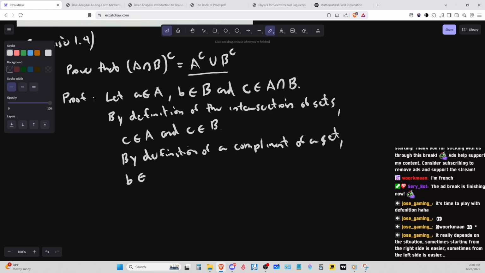B is an element of the complement of A, and A is an element of the complement of B. It really depends on the situation. Sometimes starting from the right hand side is easier, sometimes the left side is easier. Oh, okay. Because technically they can be elements in A, because it's not the elements contained in A, because they're complements.